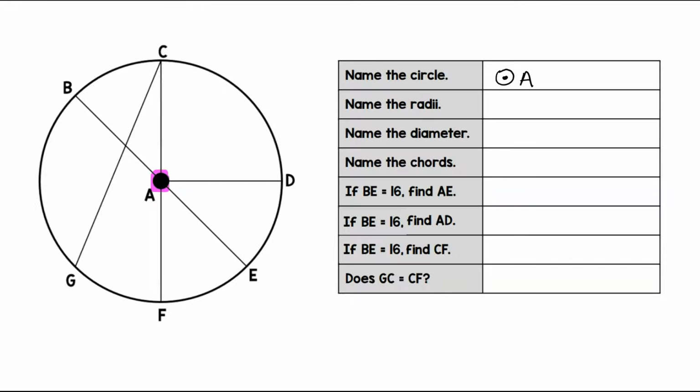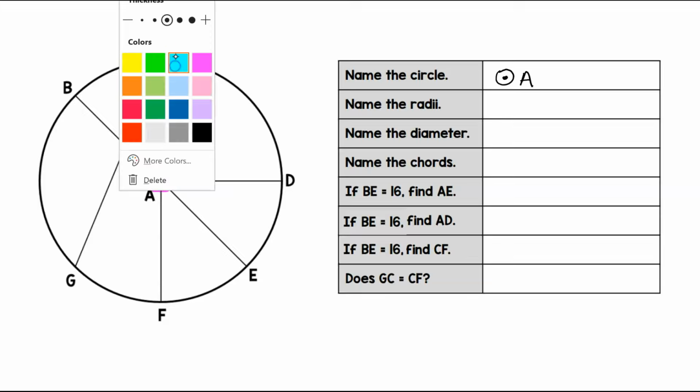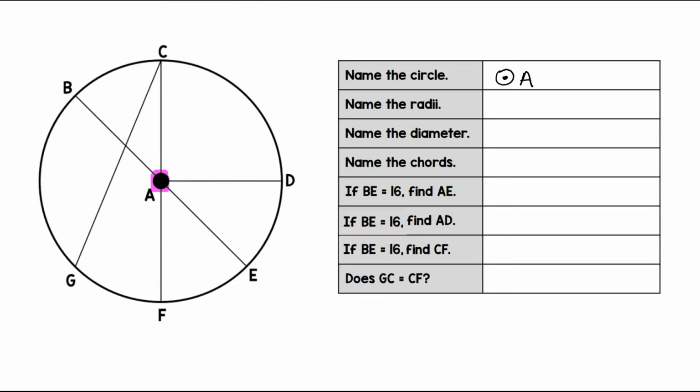Name the radii. There's a lot of radii in this picture. They all start at the center and have to hit a point on the circle. So there's one. That would be radius AD. Here's another, AC.